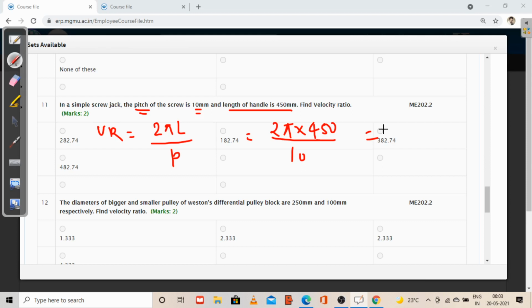The answer is you'll get 282.74. Okay, there is no unit for this velocity ratio, unit nahi aayega, so you have to see 282.74. So this will be the right answer, first option.